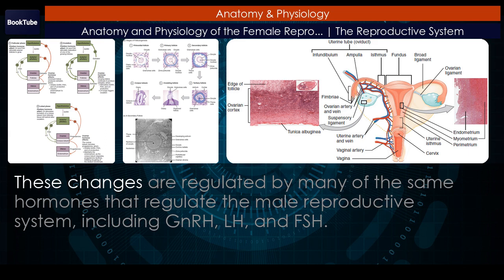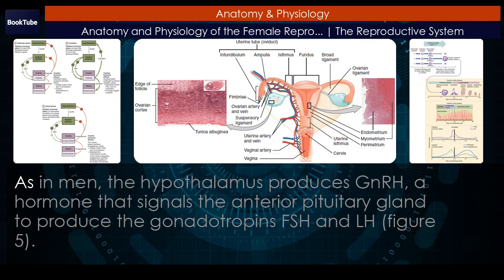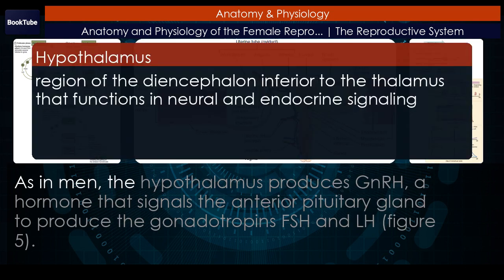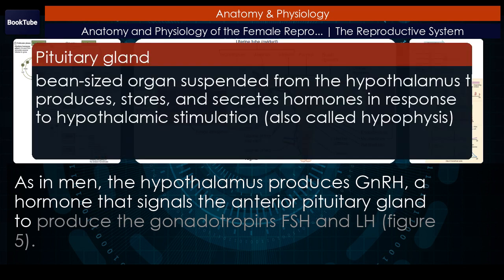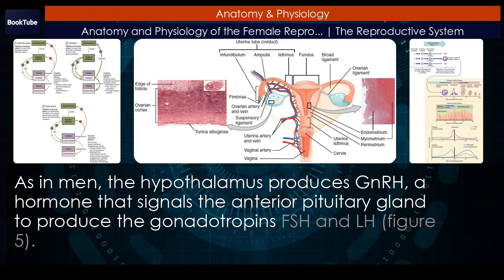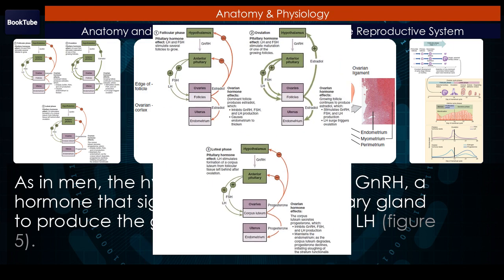These changes are regulated by many of the same hormones that regulate the male reproductive system, including GnRH, LH, and FSH. As in men, the hypothalamus produces GnRH, a hormone that signals the anterior pituitary gland to produce the gonadotropins FSH and LH. Figure 5.